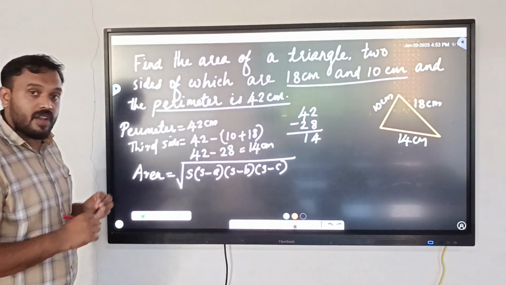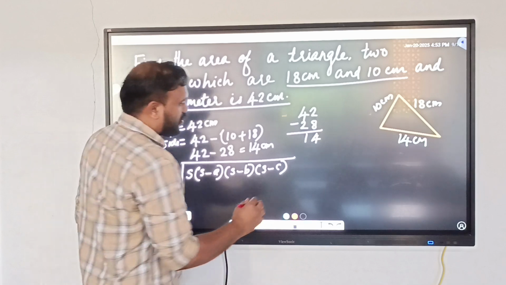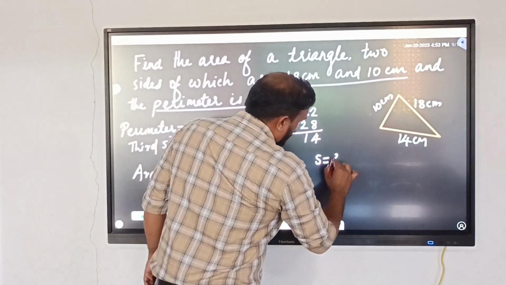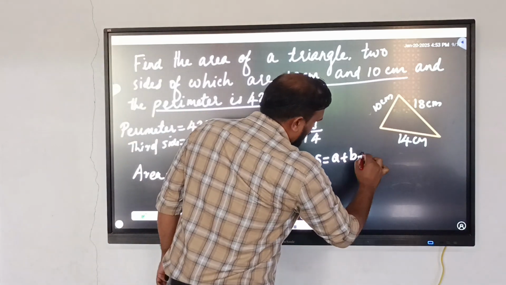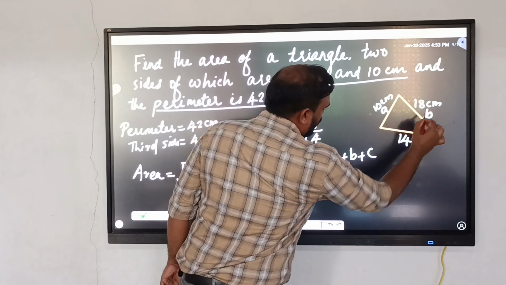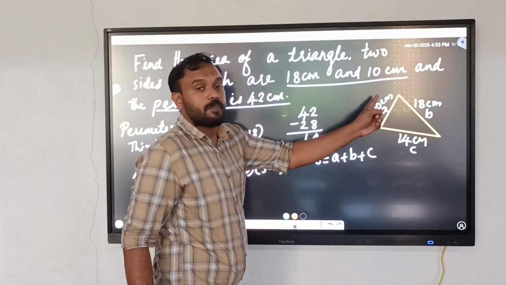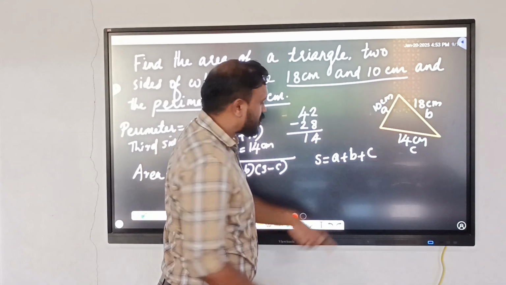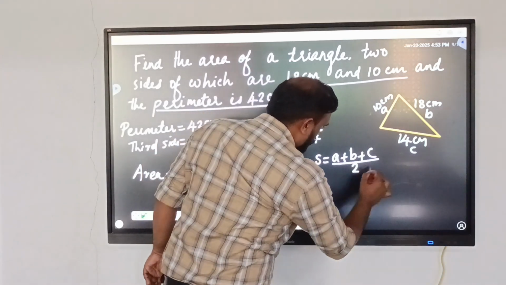Then what is s? S equals perimeter, or the sum of all the sides, divided by 2, if you consider the sides as a, b, c.